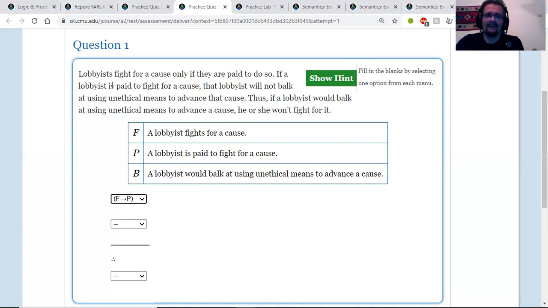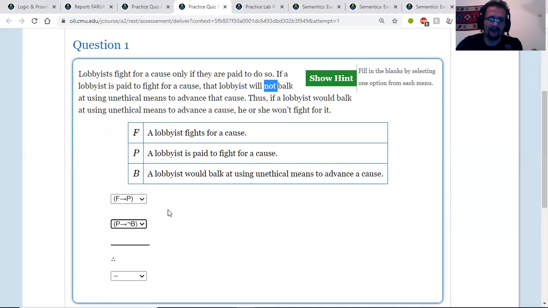If a lobbyist is paid to fight for a cause, then that lobbyist will not balk at using unethical means. So if P, then, and here's a kicker, the lobbyist will not balk. The key provided tells us that a lobbyist will balk. So that's if P, then not B. Okay.